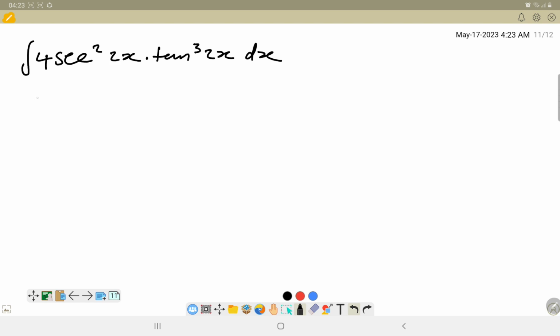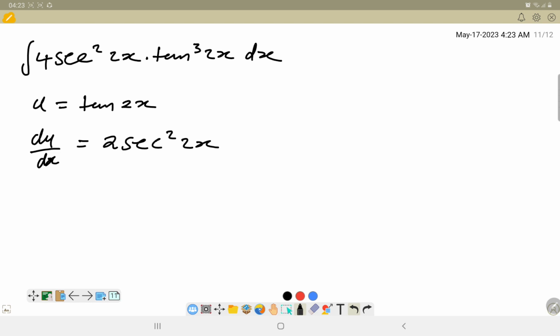So for example, if we take u as tan 2x, we know that when we differentiate tan 2x, du over dx will be 2 sec squared 2x.